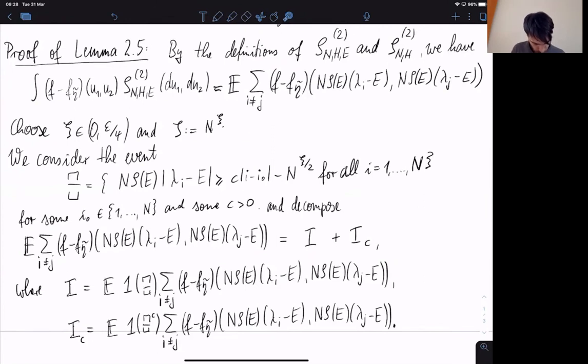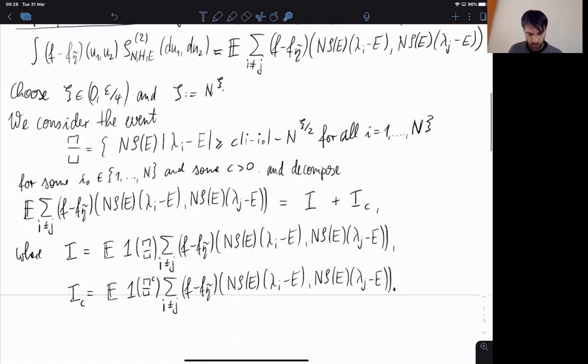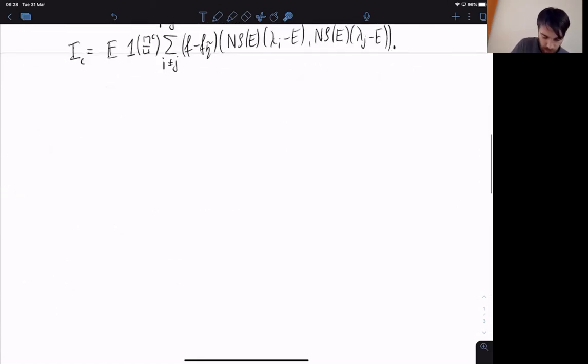And first we want to show that this event, if the I0 and the C are chosen properly, occurs with high probability. And to that end we will use the eigenvalue rigidity.